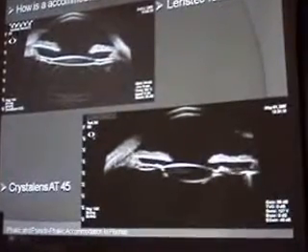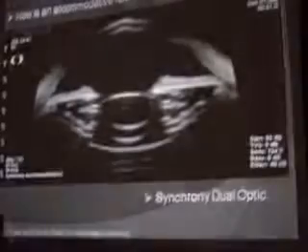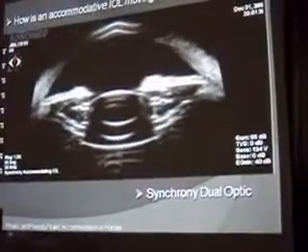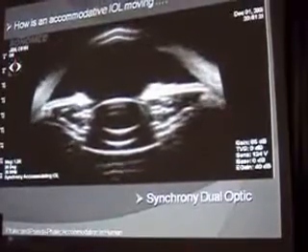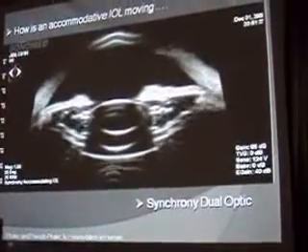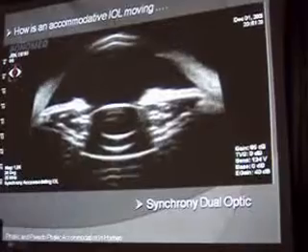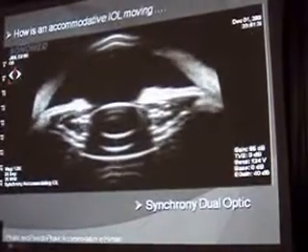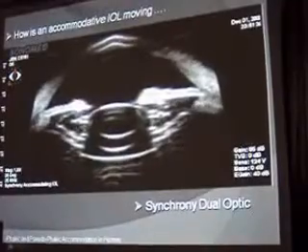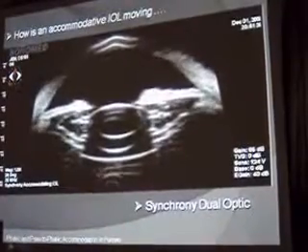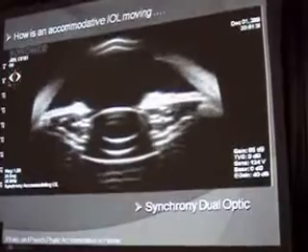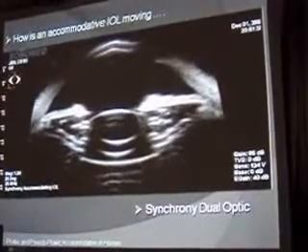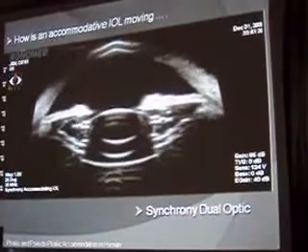Down there is a Crystalens AT45, the previous model of the Crystalens. And here is the only lens that is doing clearly and with no doubt what the manufacturer pretends. Take a look at this video clip and see Synchrony, the dual optic Visiogen IOL. As you probably know, it's a two-piece lens. It's a negative lens that goes on the back and a positive lens that goes on the top.